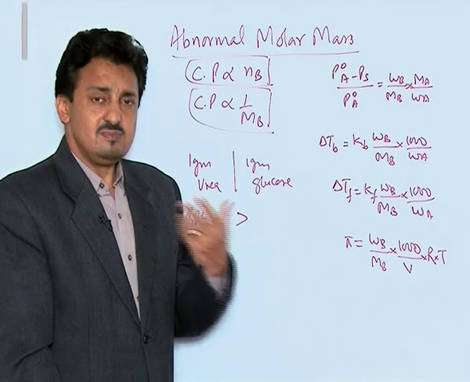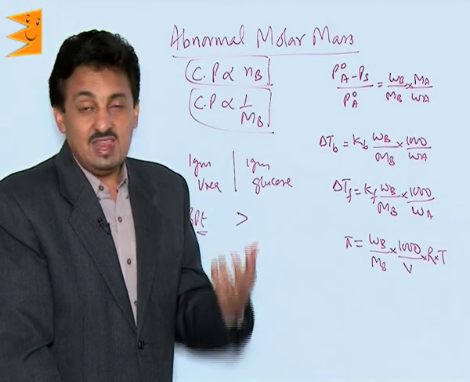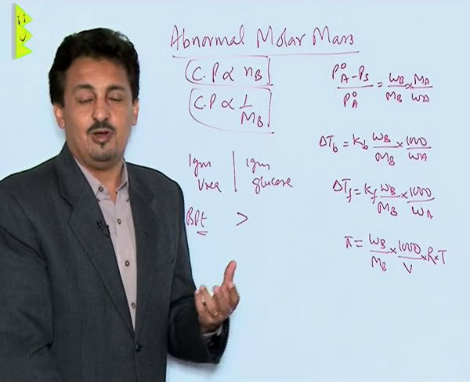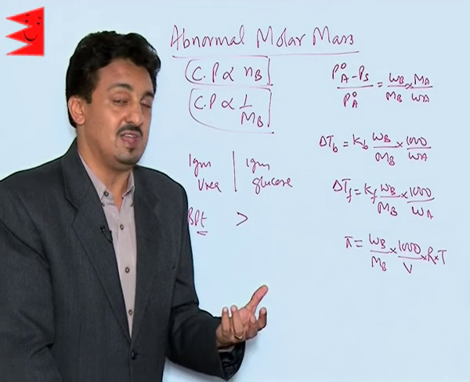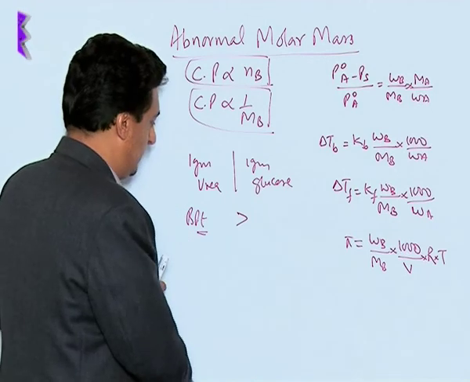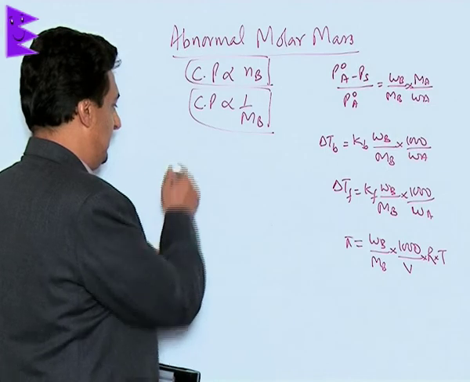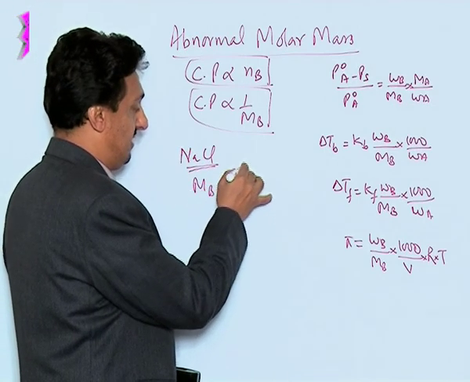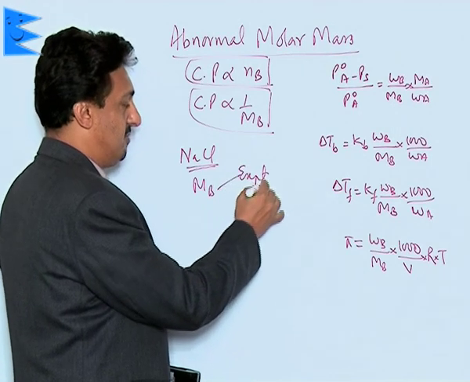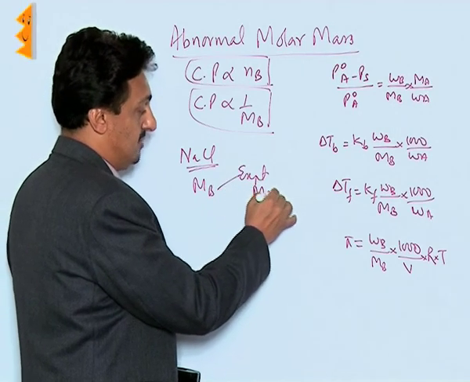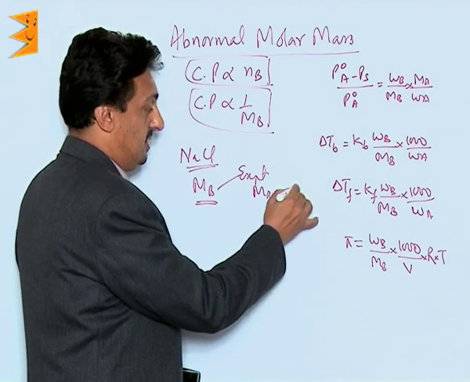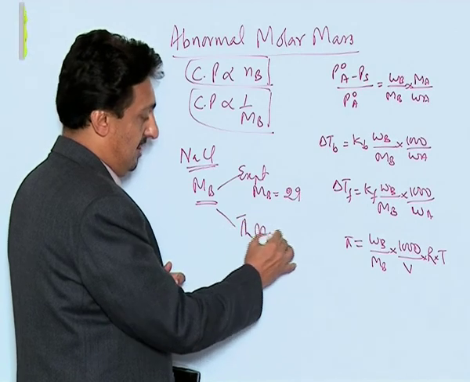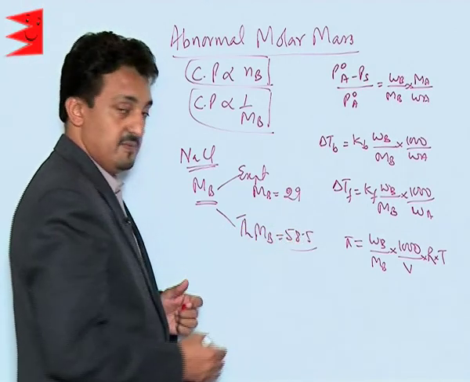But experimentally we came across many solutes whose molar masses, when determined by these colligative properties, were found to be different from their theoretical values. I can show you examples. Suppose NaCl: when its molar mass was determined experimentally, it was found to be 29, whereas its theoretical molar mass we all know is 58.5.